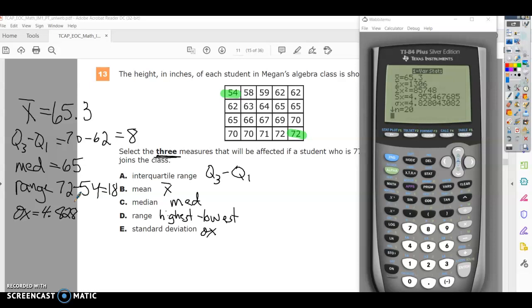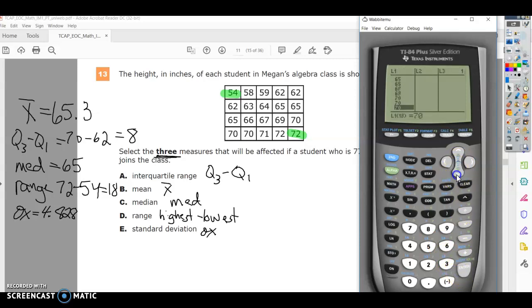Now it says select 3 measures that will be affected if a student who is 77 inches tall joins the class. So we can easily change our table. If we do second quit and go to Stat, this time we are going to edit because we're going to add one more number to our table.